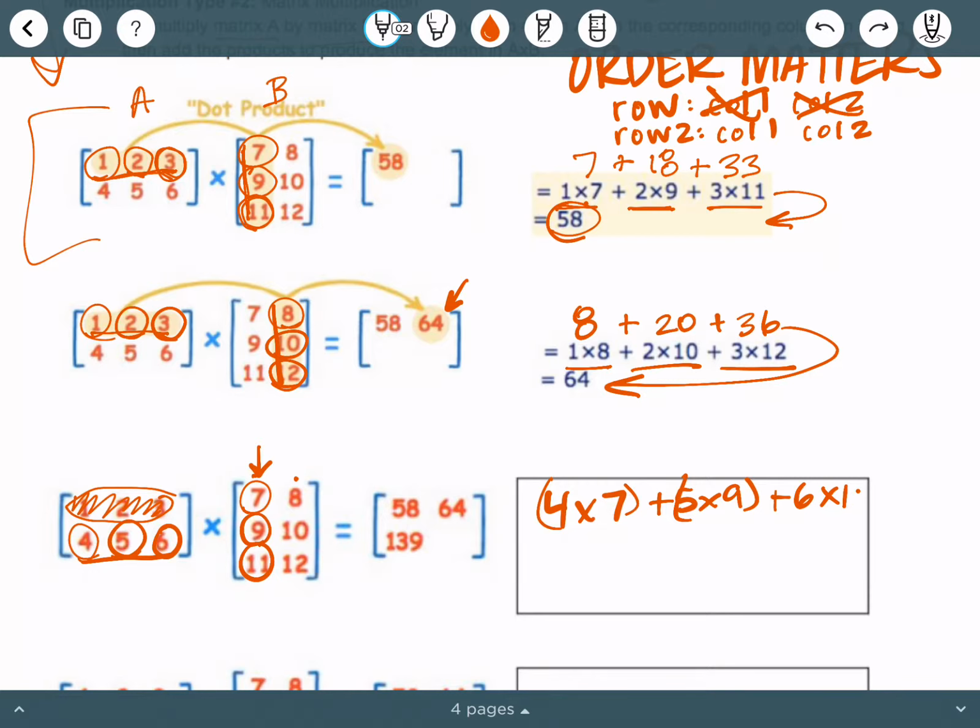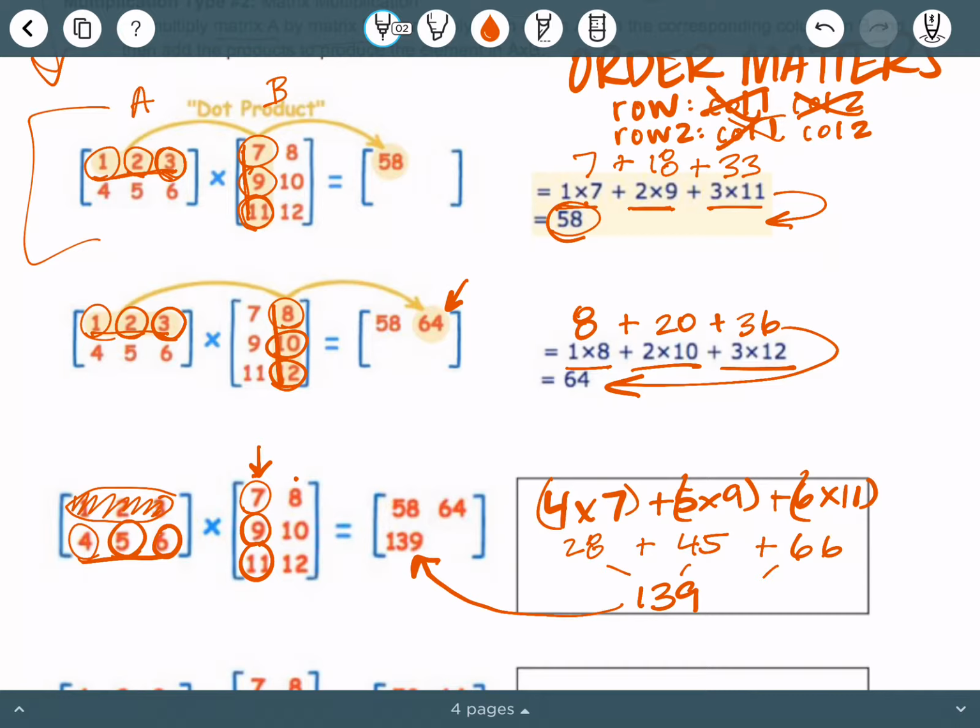Whoops, not 10, 11. So we know we've got 28 plus 45 plus 66, which if we use our calculator to add our great mental math, we get 139, which we can see you put in this part right there. Right, so that is our second to last one.